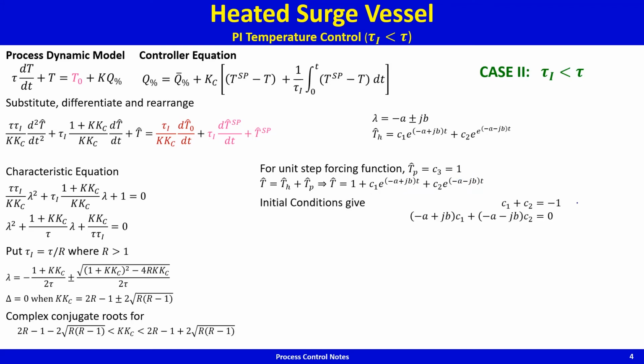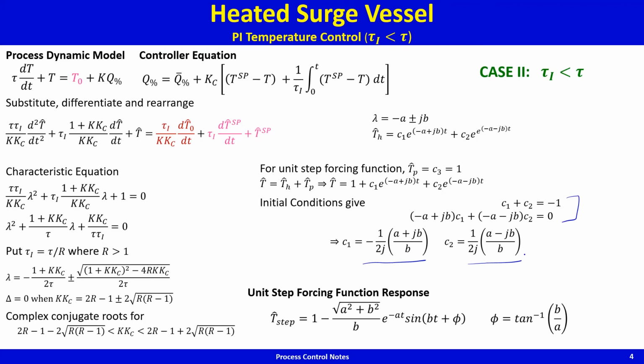Initial conditions, if you apply, you get this, and then when you solve it, this is what you get as the roots, and then when you substitute, the unit step forcing function response turns out to be as shown here, where the phase shift phi is tan inverse imaginary part by real part.